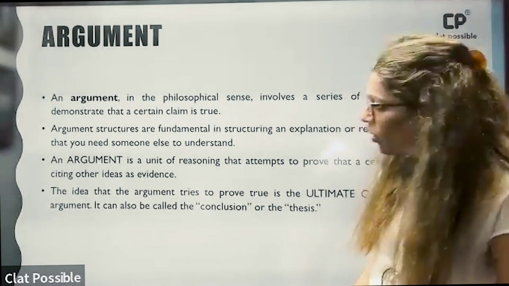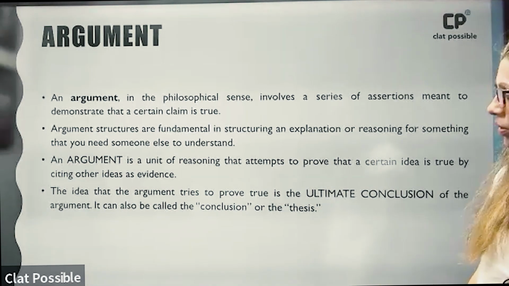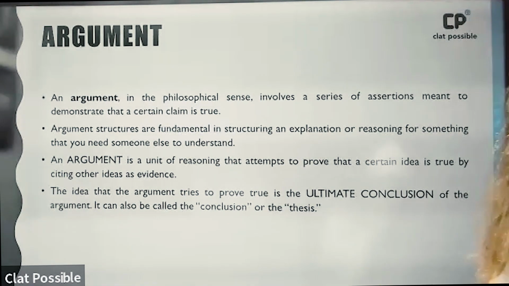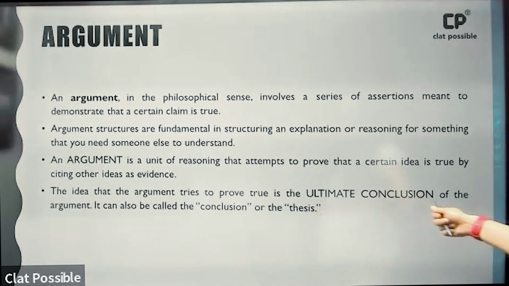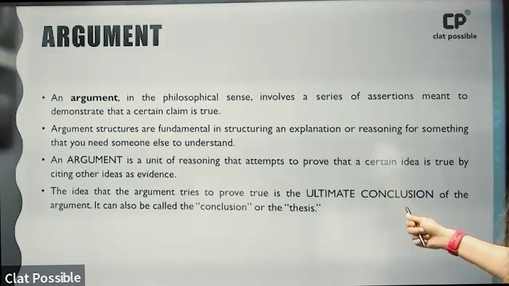So if we move on, the idea that we try to prove true is called the ultimate conclusion or the conclusion or the thesis, whatever. All right. So we are in passage-based reasoning looking at this, the ultimate conclusion, main point or main idea.